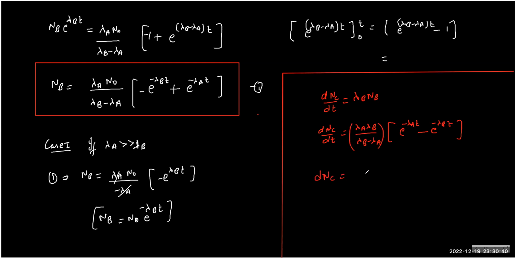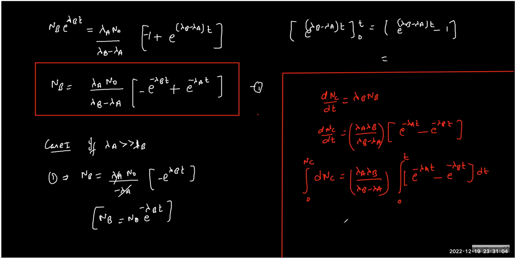And therefore, NC turns out to be lambda A lambda B upon lambda B minus lambda A into e power minus lambda A t minus lambda B t, dt, integration from 0 to t.